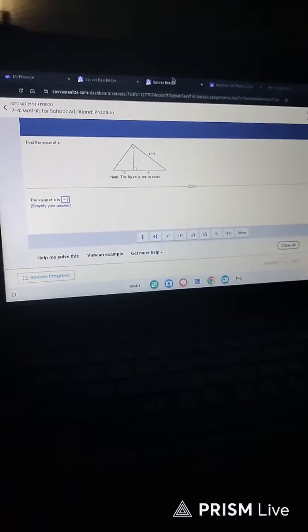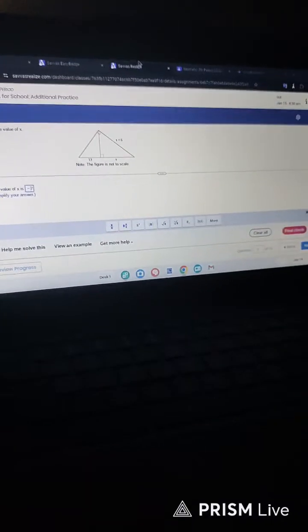So it's x squared plus 13x. And that's equal to x plus 6 squared.